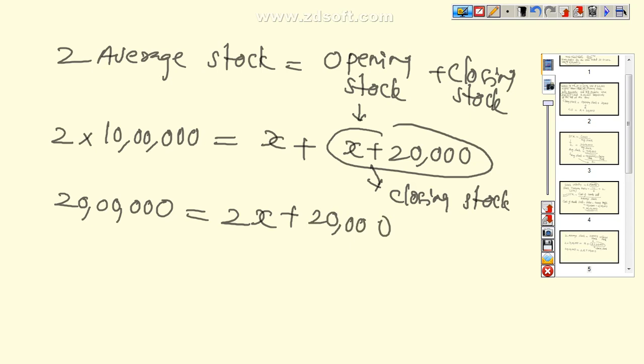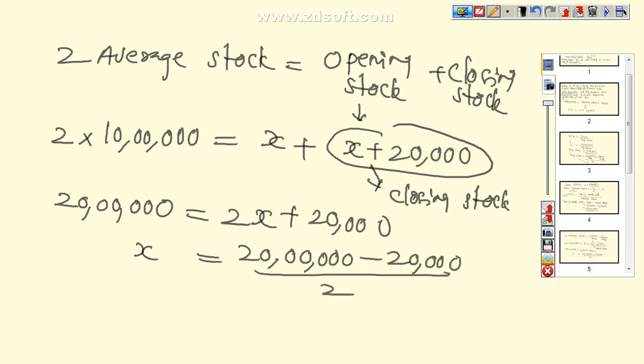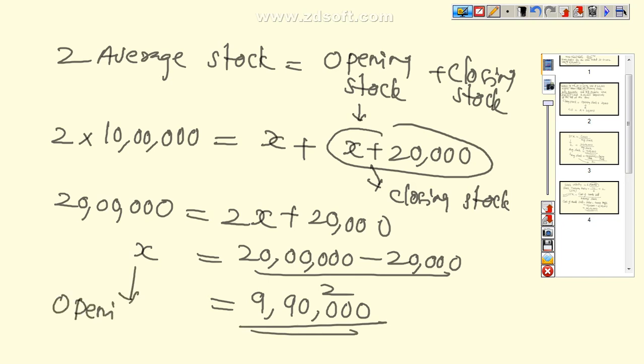Now X is equal to 20 lakh minus 20,000 upon 2, that is equal to 9,90,000. X means this is our opening stock.